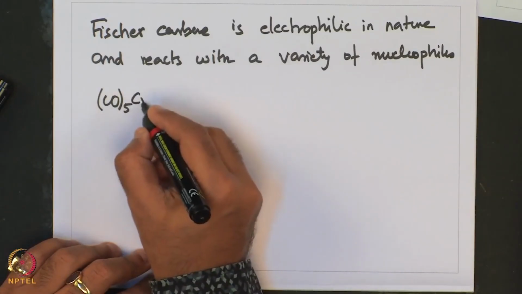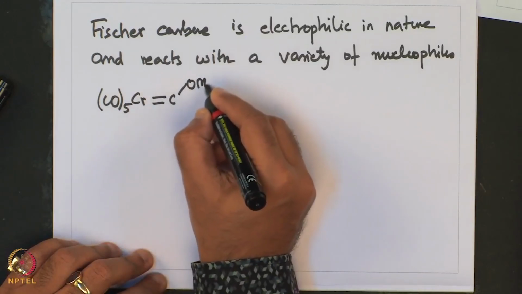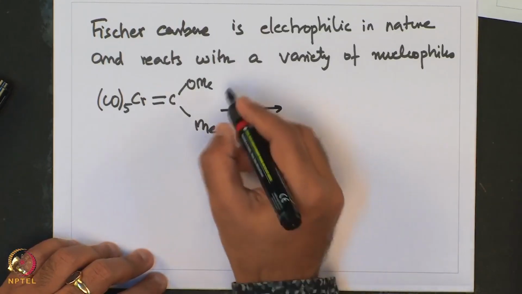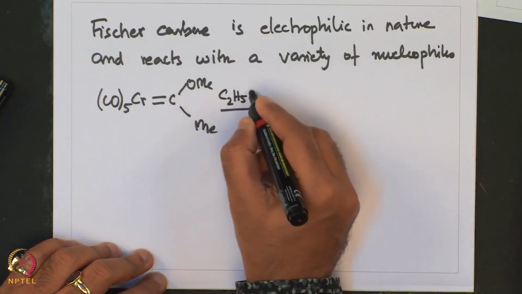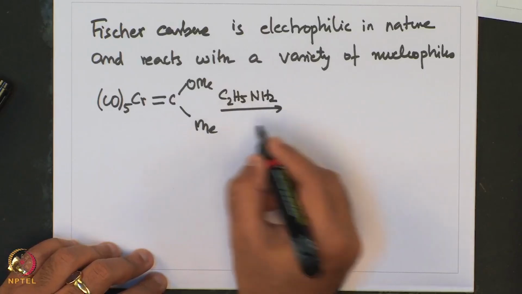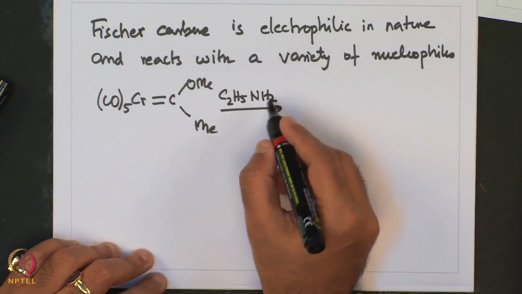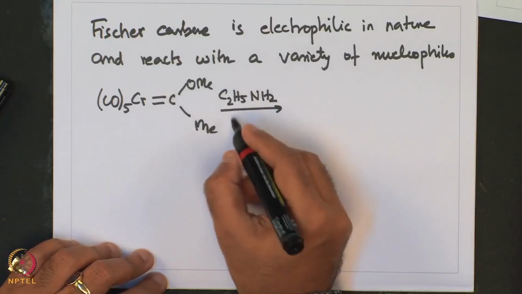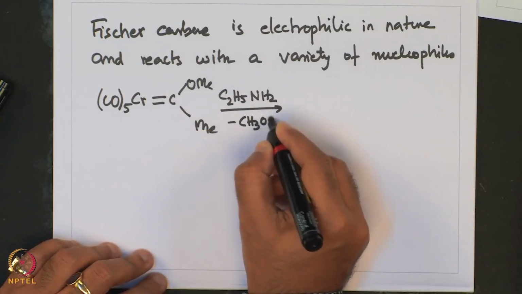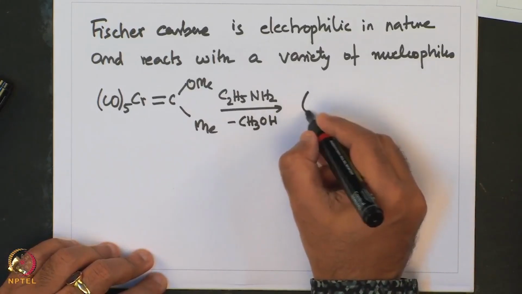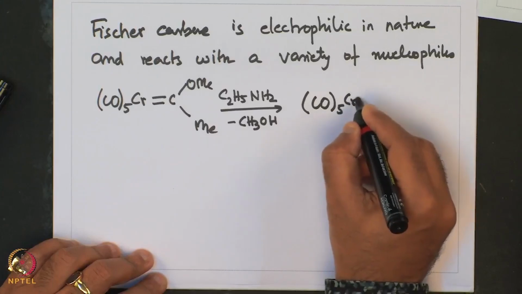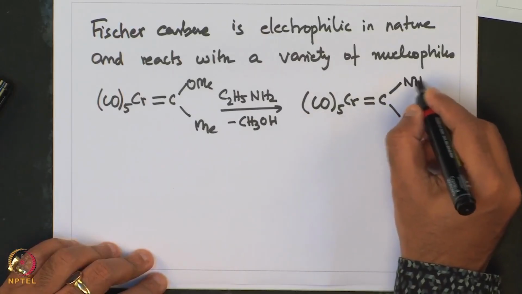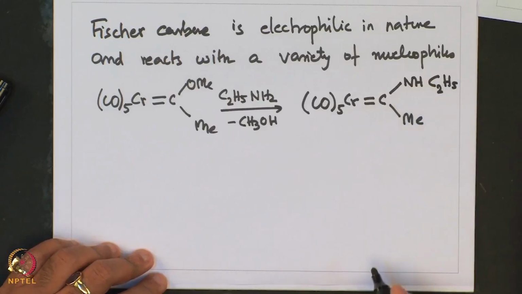For example, this chromium pentacarbonyl C(OMe)methyl reacting with C2H5NH2 gives methanol, particularly from the amine protonating the O-methoxy, and then gives the corresponding C(NHC2H5) carbene complex.